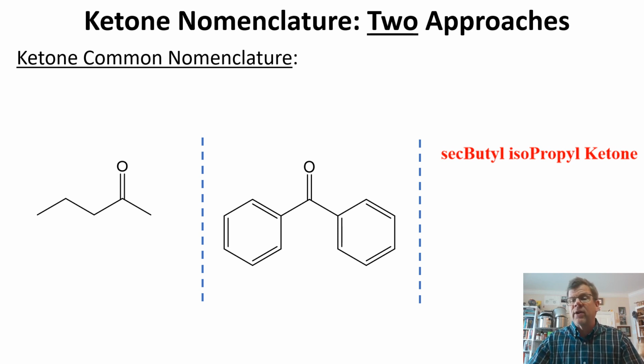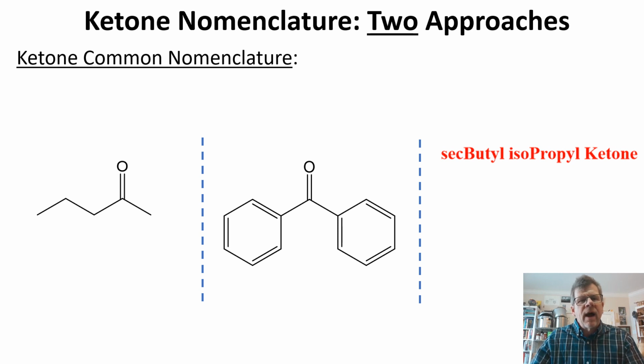You're going to notice a lot of similarities between the type of structure, or the type of functionality we're looking at with ethers, as well as with the ketones right now. That is by design. So we'll look at ketone common nomenclature first. And we use this, as I said, with simple ketones.